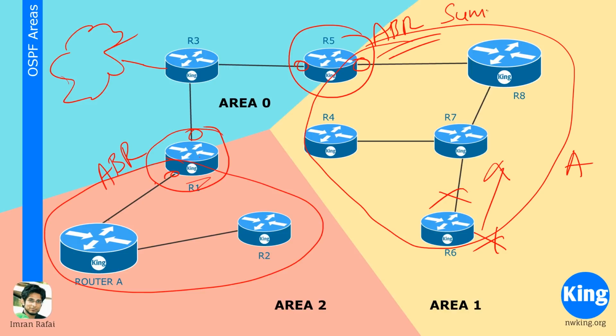If you remember supernetting, it summarizes. So because router 5 summarizes, router 3 and other area devices need not know anything about the changes happening in area 1. Router 5 will handle that situation. So the ABR will handle the situation at the gate, right? This is one of the reasons why we need areas.